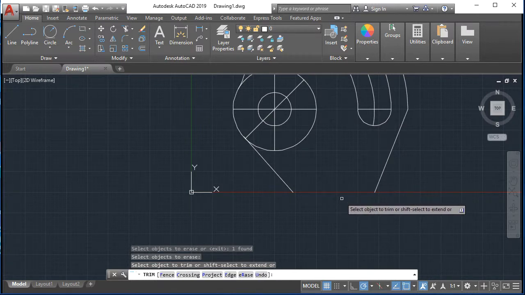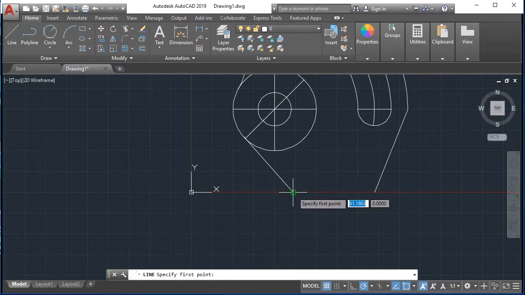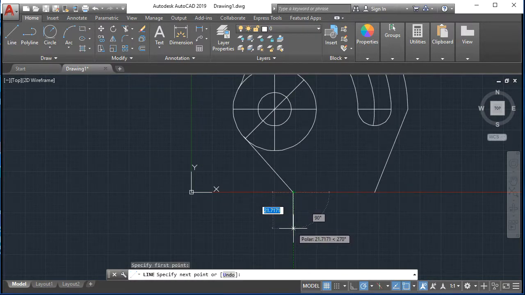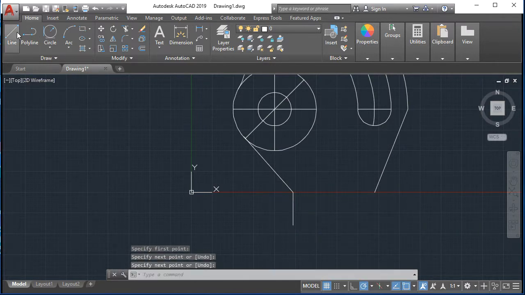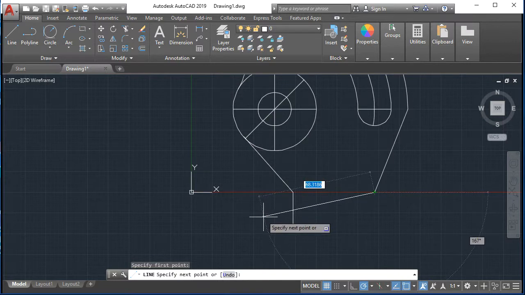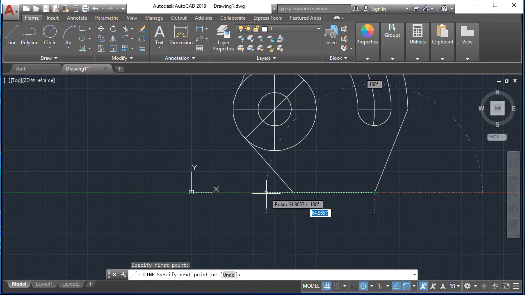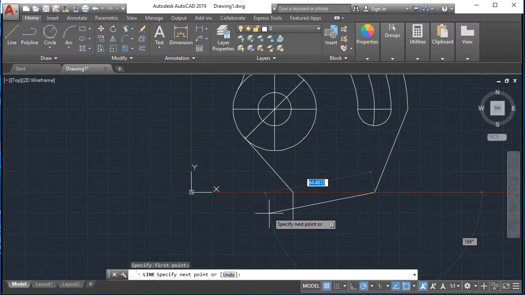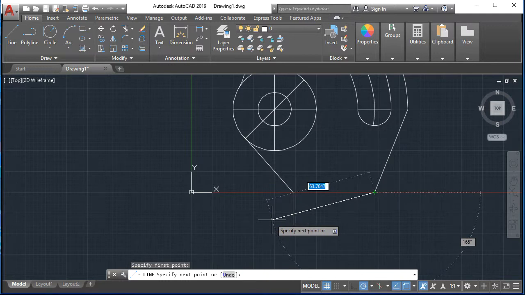And now take a line from here to here. Take a starting point at 180 degrees minus 15 degrees.